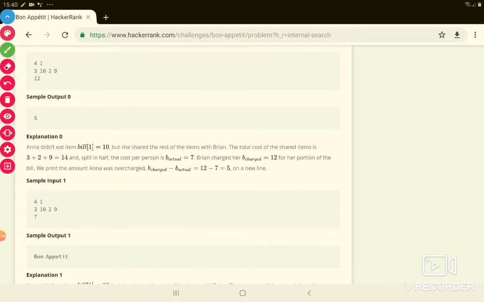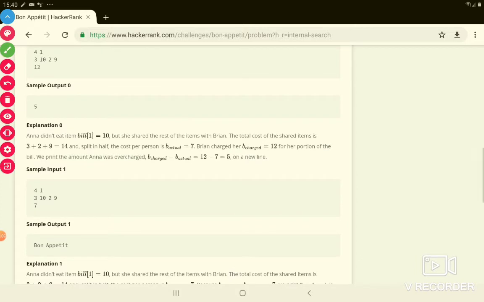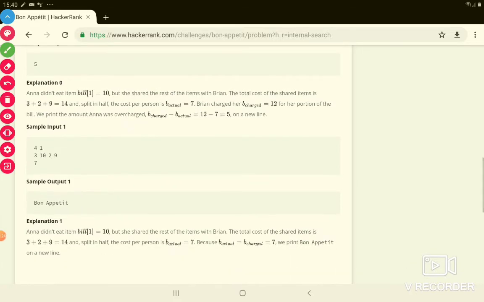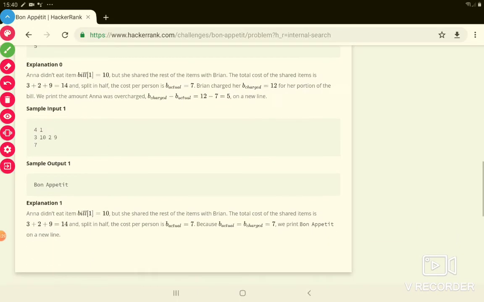Explanation. Suppose bill has 3 dishes, and Anna didn't eat the dish at index 1. Suppose the dishes cost 3, 4 and 5 rupees.